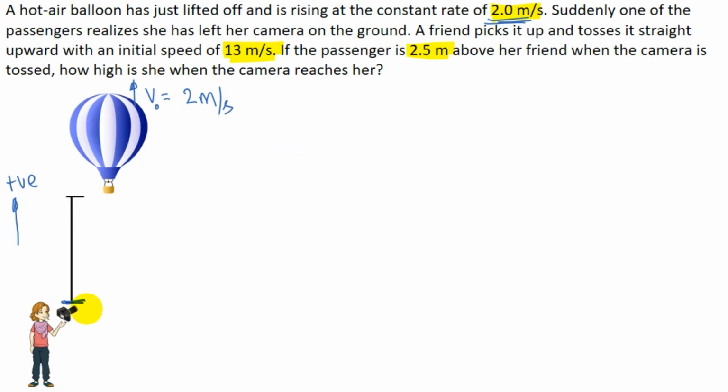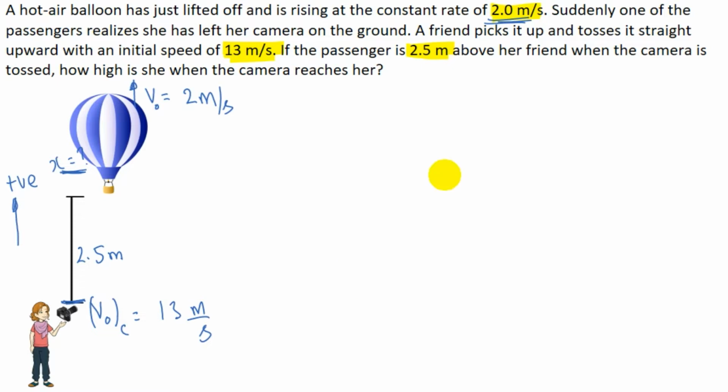Next, the initial velocity for the camera is 13 meters per second. When the camera was tossed, the hot air balloon had already traveled a distance of 2.5 meters. Suppose the camera reaches the balloon at this position. This x is what we need to calculate.